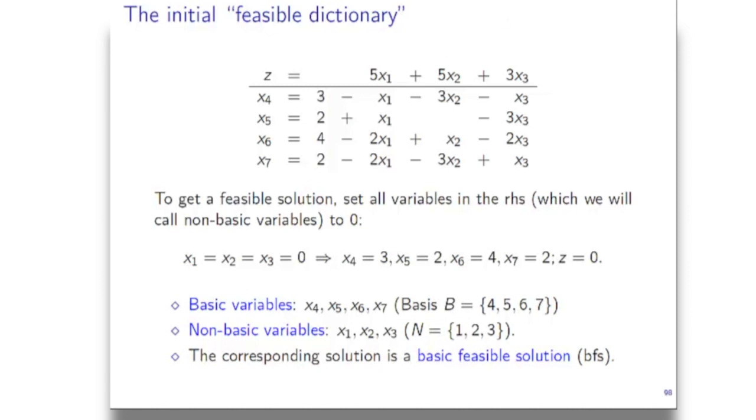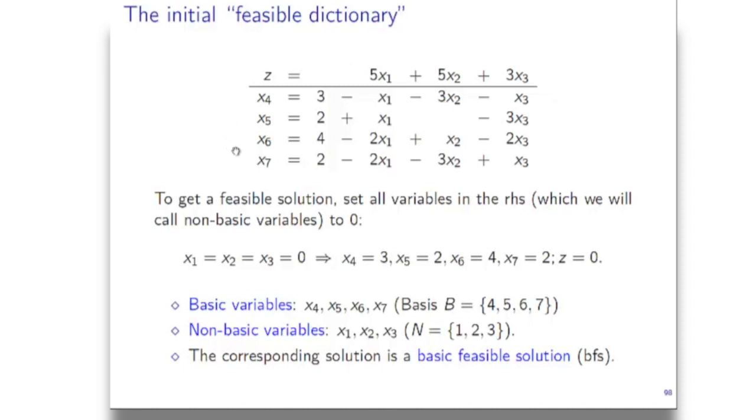And the way our method will proceed, we will try to build a sequence of these basic feasible solutions, such that each next basic feasible solution is better, or at least no worse than the previous one, and in the end we want to obtain a basic feasible solution for which we can guarantee that it is optimal.